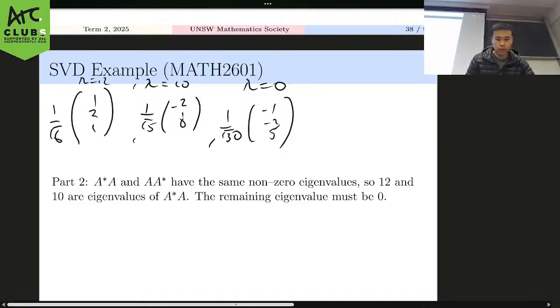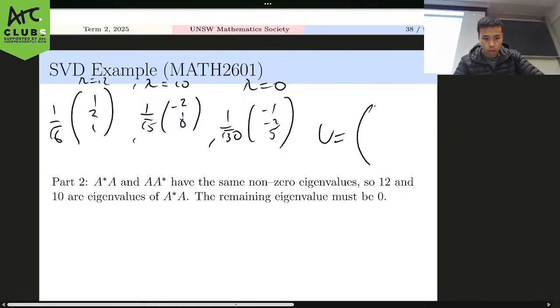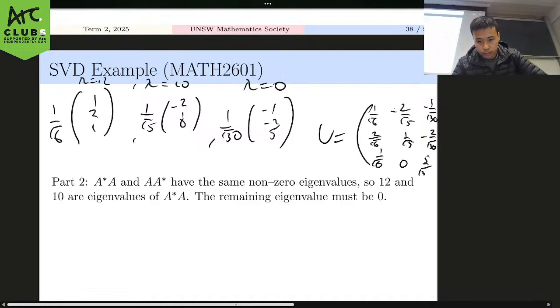So I'll write that right now. It'll be 1/√6, 2/√6, 1/√6. Next one, negative 5, 1/√5, 0. Then negative 1/√30, negative 2/√30, 5/√30. So that'll be my matrix V.